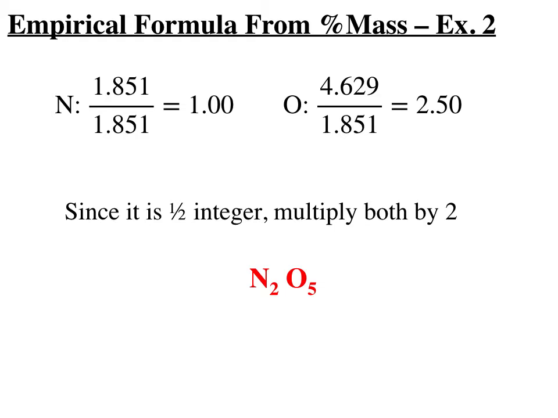Remember, the empirical formula is supposed to be in whole number ratio. So instead of a 1 to 2.5 ratio of N to O, in terms of whole numbers, I'll just double both of those and make it a 2 to 5 ratio. So the empirical formula of this molecule is N2O5, or dinitrogen pentoxide should be what it is called.